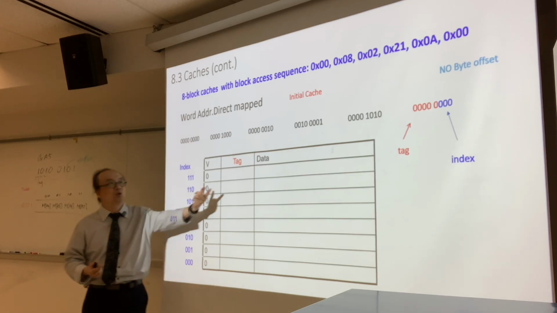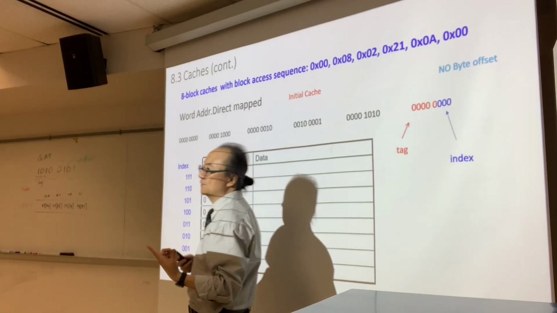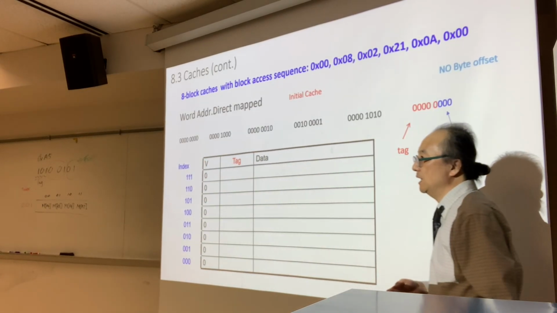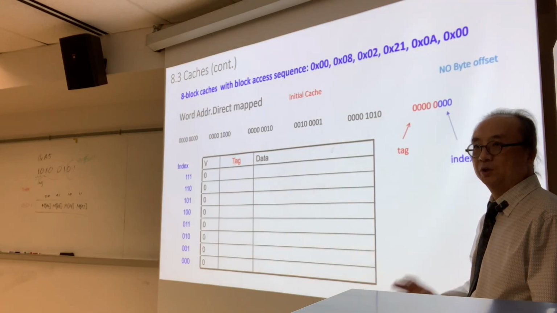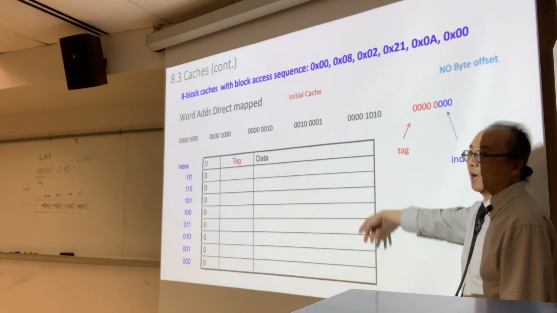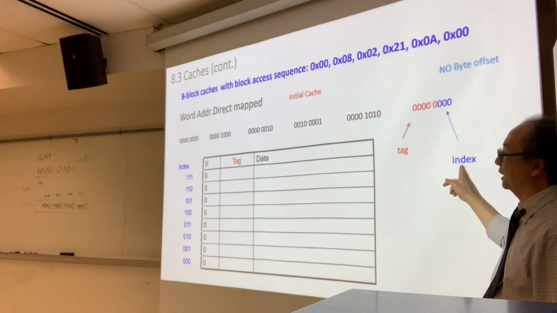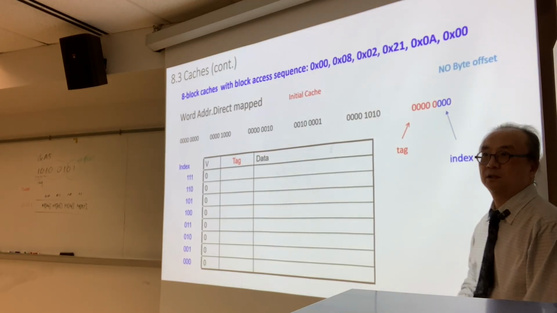This is one word, so we don't need the offset anymore. Make sense? Therefore, it's an 8-block, one-word block, word addressing. The lower 3 bits are the index, and the rest is the tag.